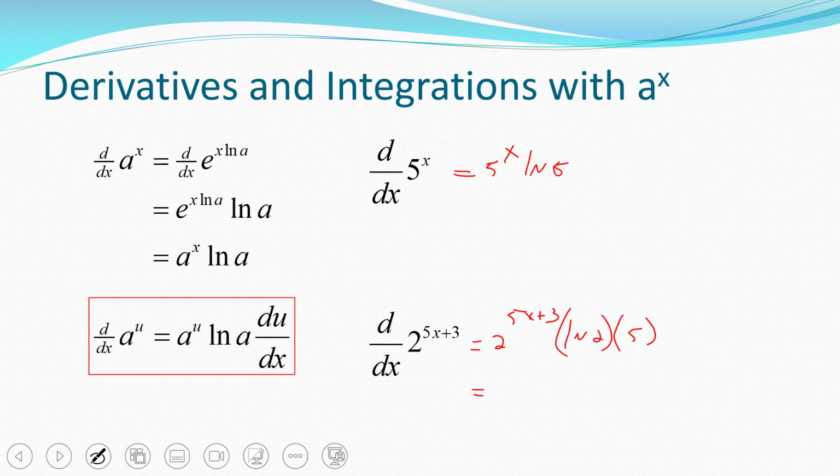This is the same as writing 2 times 2 to the power of 5x plus 3. Then you would have 5 times the natural log of 2. But if you want, you could bring the 5 up as a power and write this as 2 to the power of 5x plus 3 times the natural log of 2 to the 5th power, which is 32. And that's probably the best looking answer out of all of them.